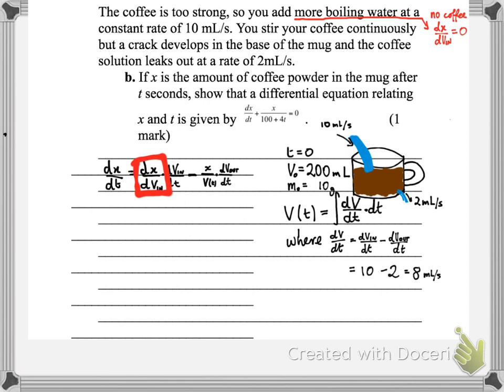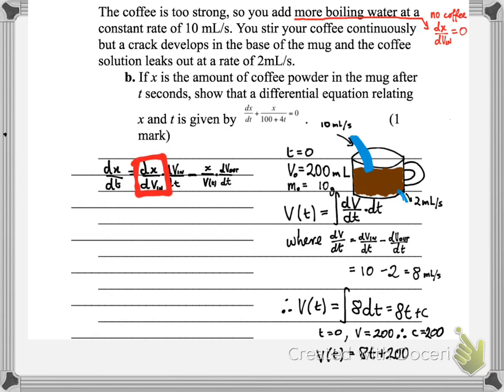And from our information, the flow rate in is 10 mils per second, the flow rate out is 2 mils per second, so overall we've got a net flow of 8 mils per second. So we integrate that constant to get 8 times t for time plus c, our integration constant. So when t equals 0, our volume was 200 mils, so that makes our integration constant 200. And we get our rule down here, volume equals 8t plus 200.